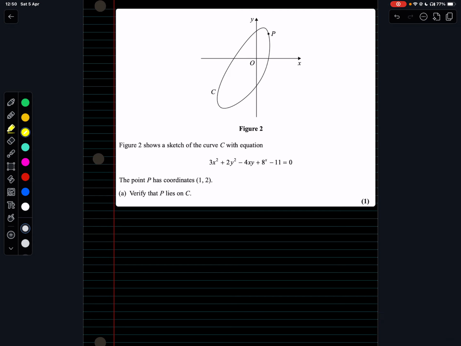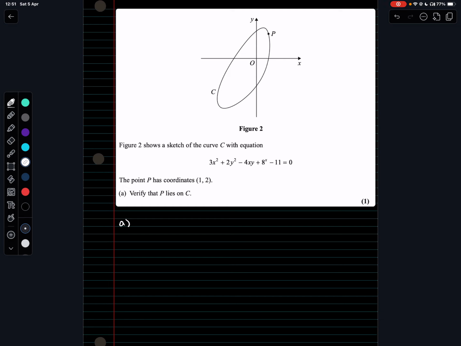If you want to show that the point is on the curve, all you gotta do is substitute these coordinates instead of x and y. So if I put 1 instead of x and 2 instead of y in the equation, the left hand side must be equal to 0 as the right hand side is 0.